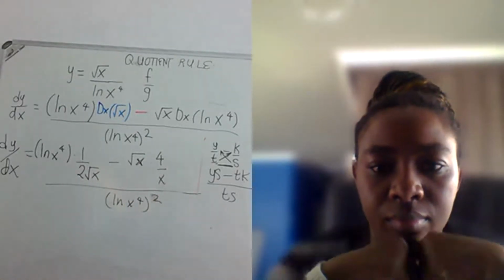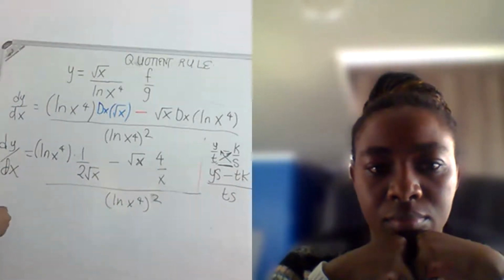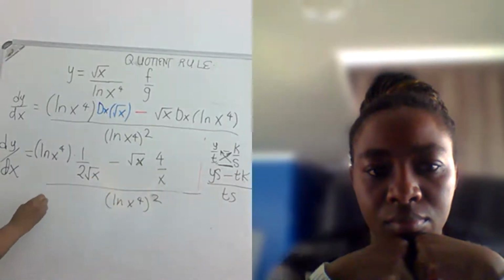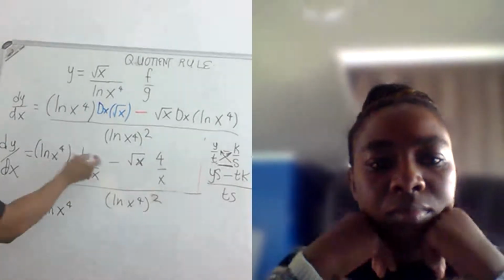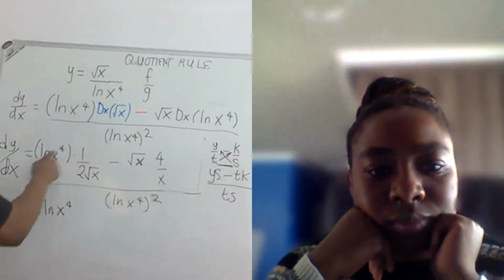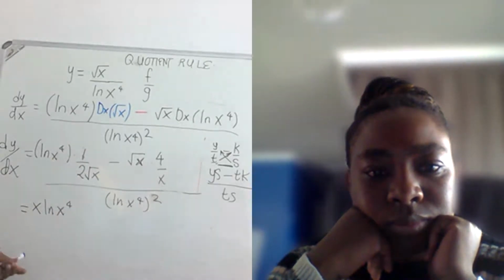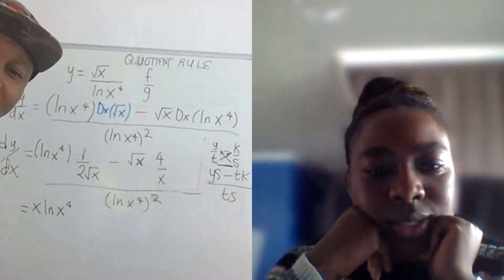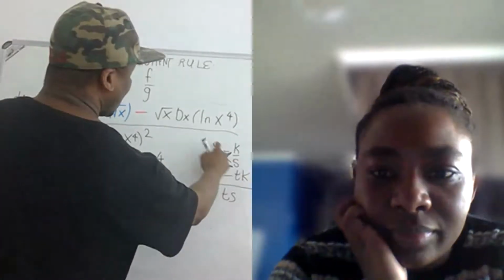So what we're going to do, I'm going to say x times that. So x is going to come here. It's going to be, minus, x ln x to the power 4 times 1. The 1 is going to disappear. If you multiply, you just put these together.